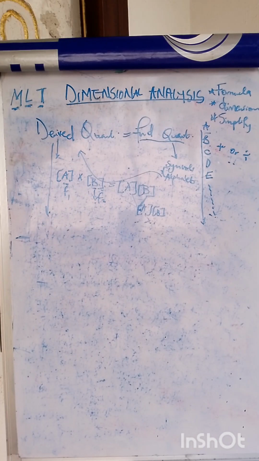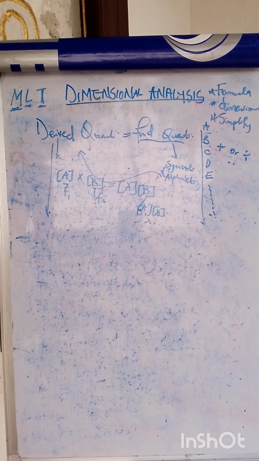Anywhere you see mass, you quickly represent it with M. Anywhere you see length or distance, you represent it with L. And anywhere you see time, just represent it with capital T. So these are the three basic things you need to know for now.